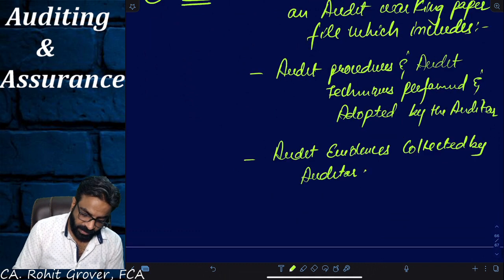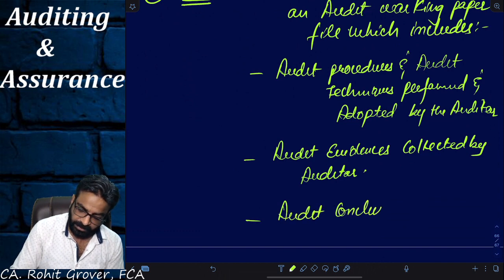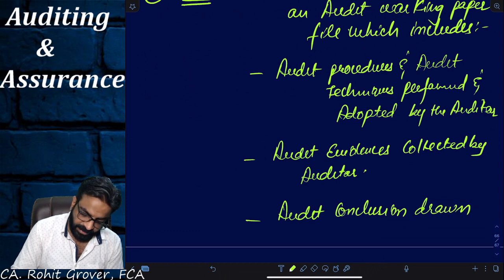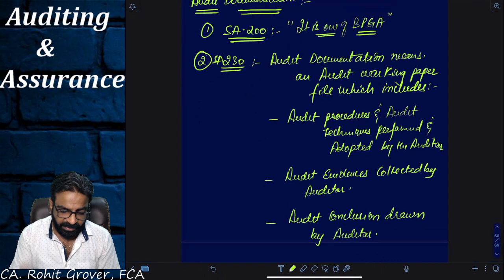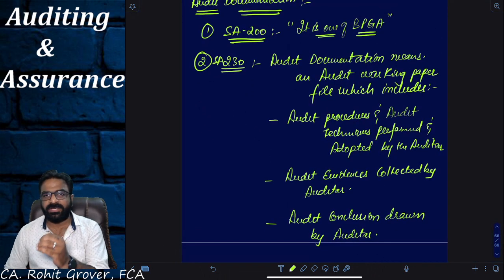It includes audit conclusions drawn by the auditor. I hope all of you are understanding each and every word which I am writing in front of you. Yes. So this is the definition of audit documentation, everyone.